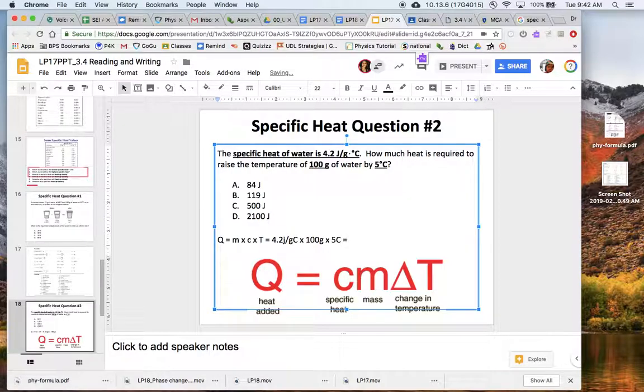So if we multiply those together, let's get a calculator. We have 4.2 multiplied by 100 multiplied by 5. And that gives me 2100 joules, because heat is energy, and energy we represent with joules. So the answer here would be D.